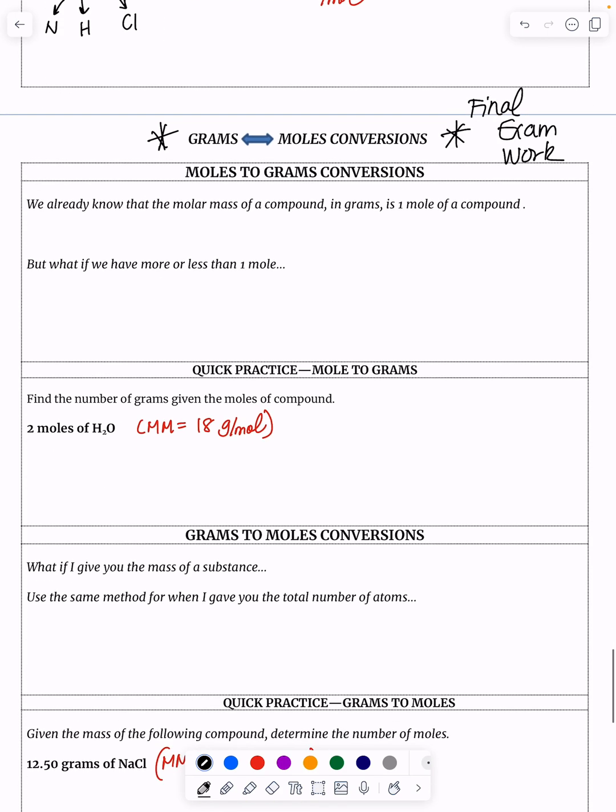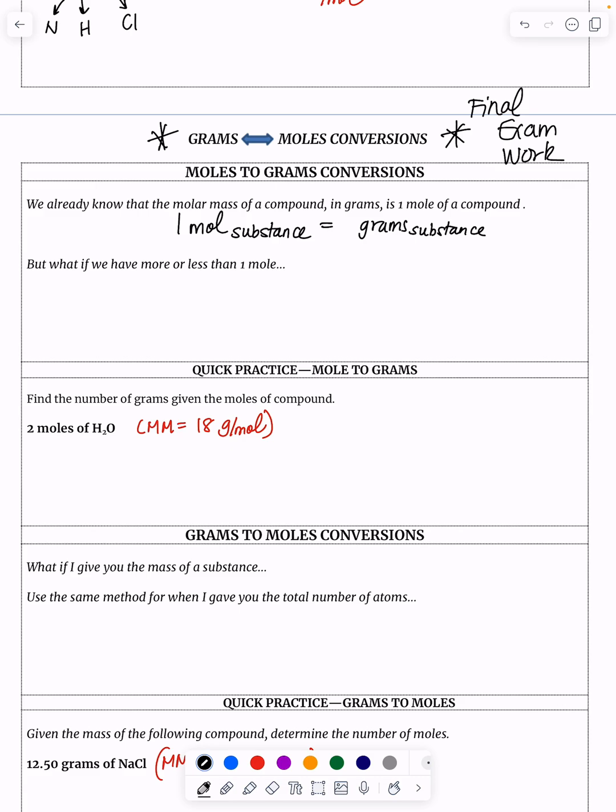All right, so we already know that the molar mass of a compound in grams is 1 mole of a compound. So 1 mole of a substance is related to a number of grams of that substance. That's its molar mass. What if we have more or less than 1 mole?